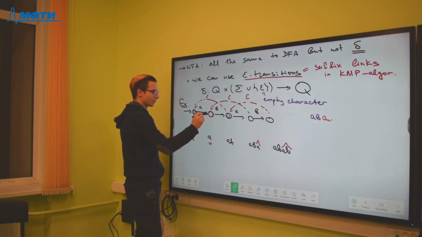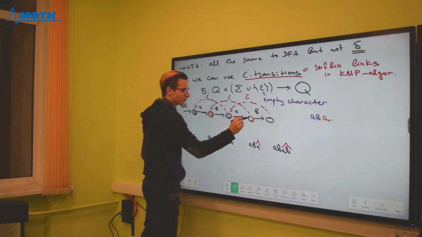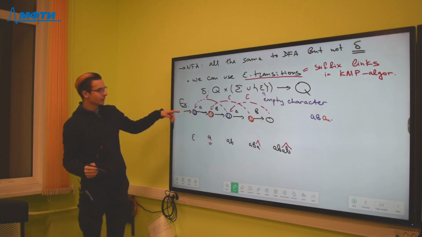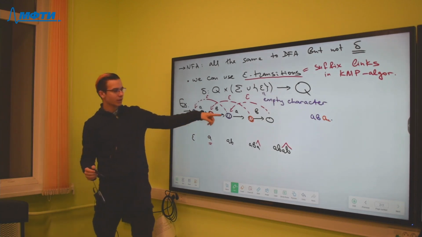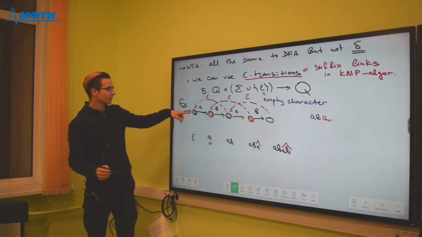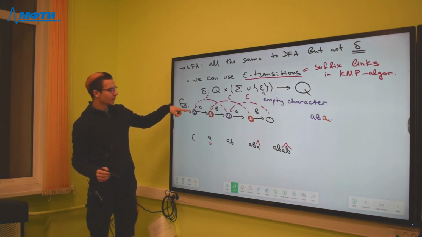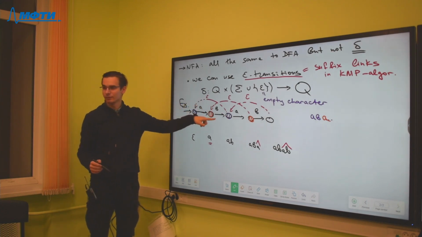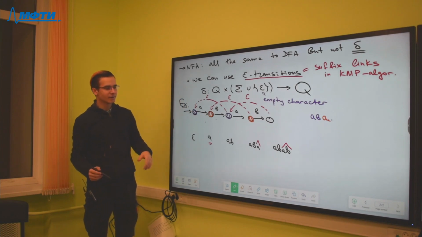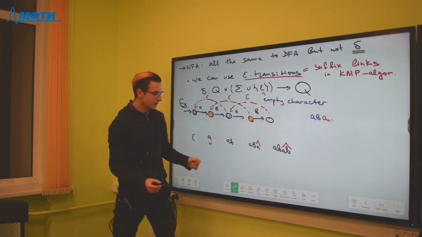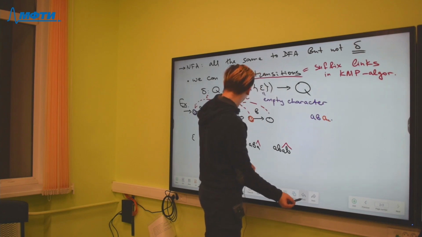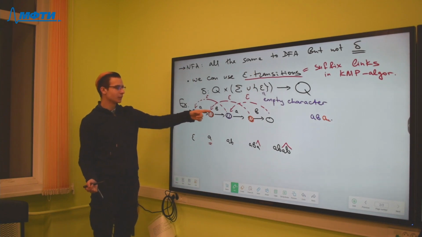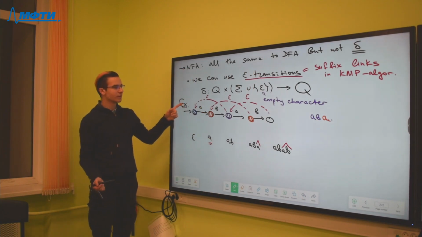So it changes to these two states, because we have a path from the initial state A, B, A to this state, and we have a path from the initial state to this state A, B, epsilon, A. And we say that any paths can use epsilon transitions.